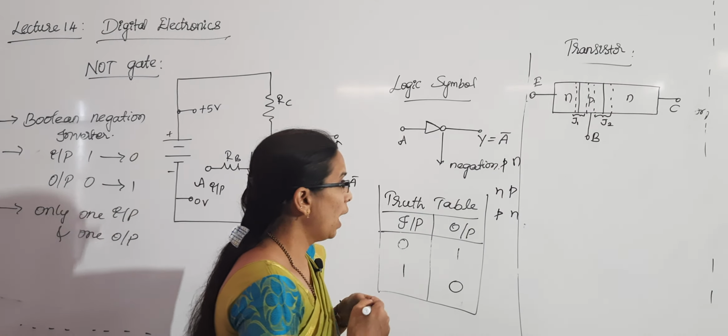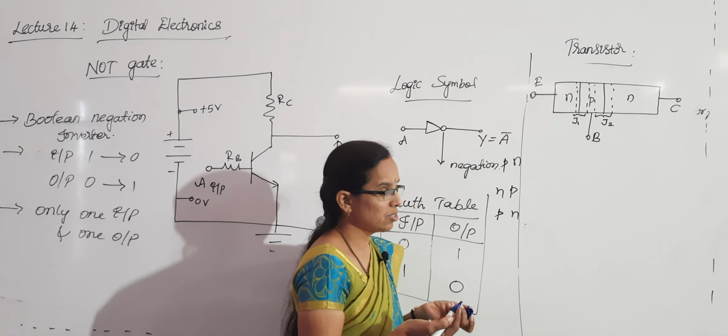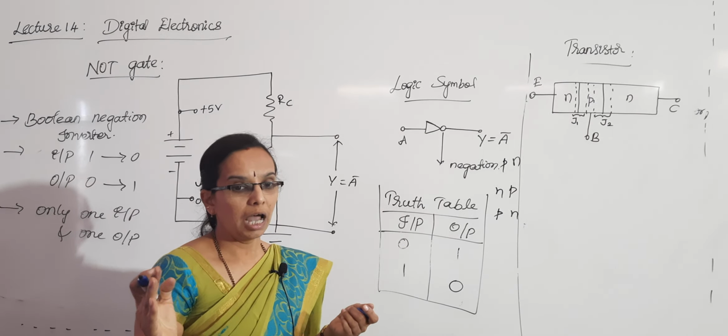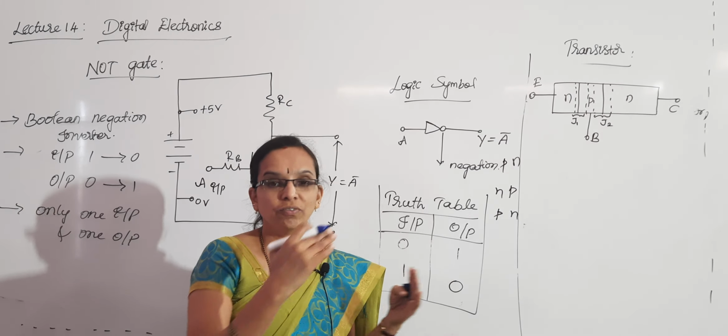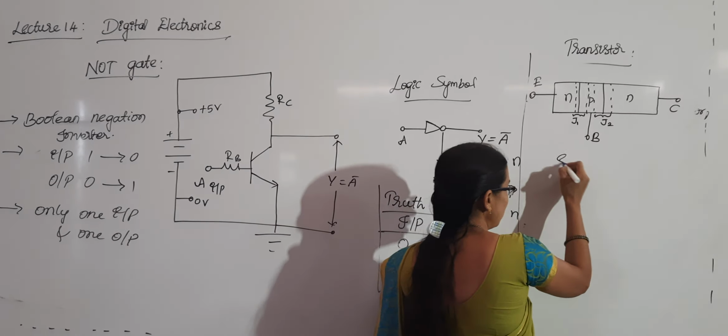So, for amplification and switching purposes, the transistor acts as a switch as well as an amplifier. As of now we will leave the amplification factor, because we will study that while studying the amplifier. Now, switching purposes: it acts as a switch.